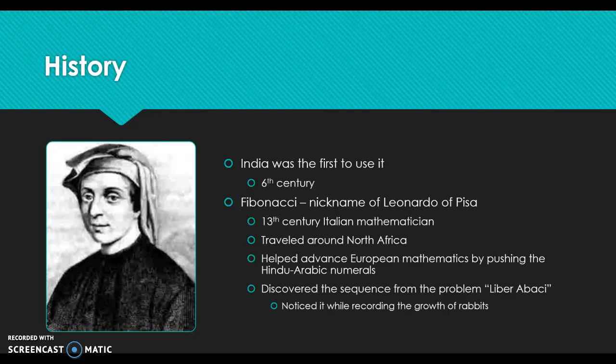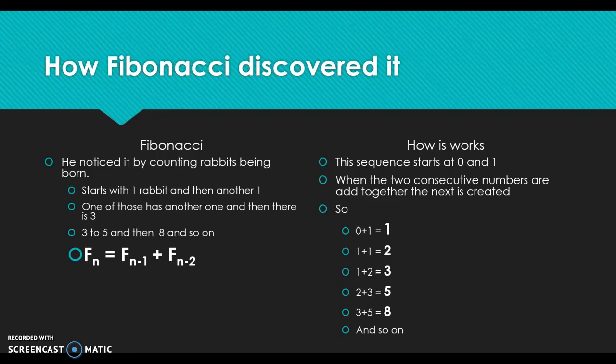He actually discovered the Fibonacci sequence by doing a problem called Liber Abaci, and he noticed it while recording the growth of rabbits. He noticed basically 1 and 1 together is 2, and then 1 plus 2 is 3 by counting rabbits.